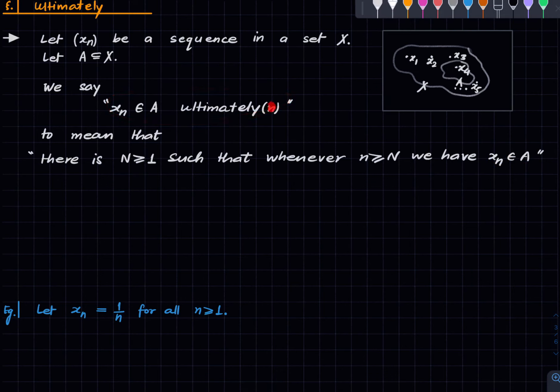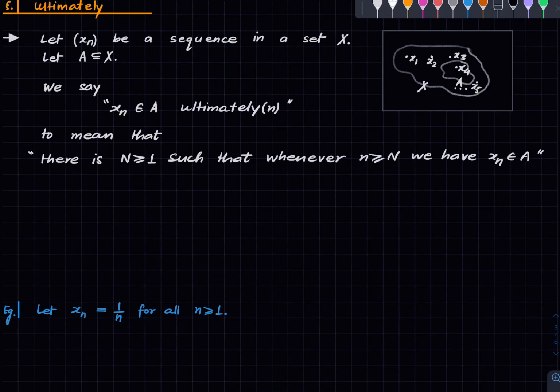This thing is important, technically, the thing in bracket, because we want to say ultimately over what? This is indicating the time variable, if you will. So this n is indicating here, meaning after a certain large n, all the n's have the property that xn lies in A. So that's what this concept is all about.